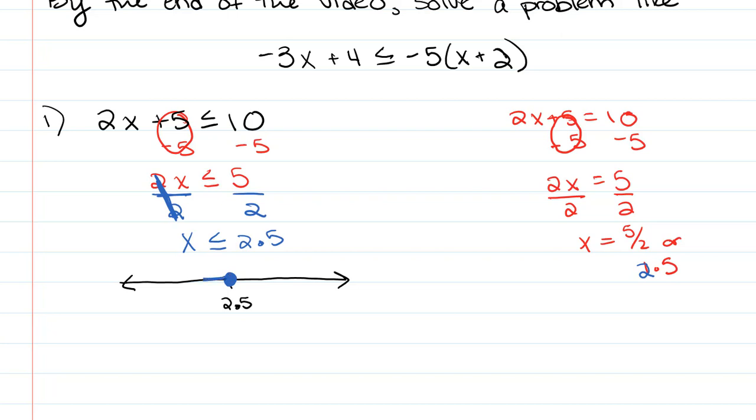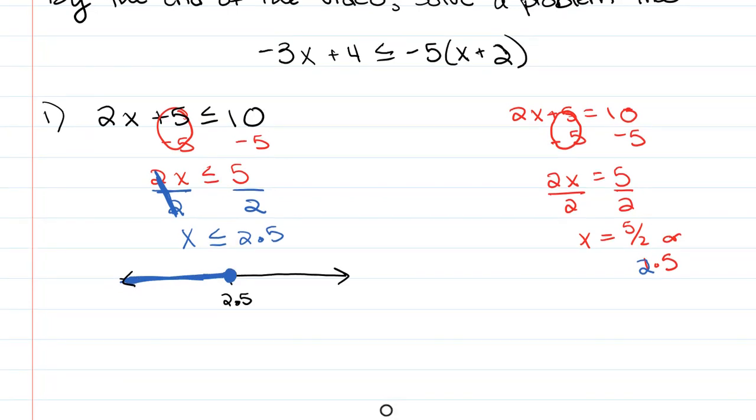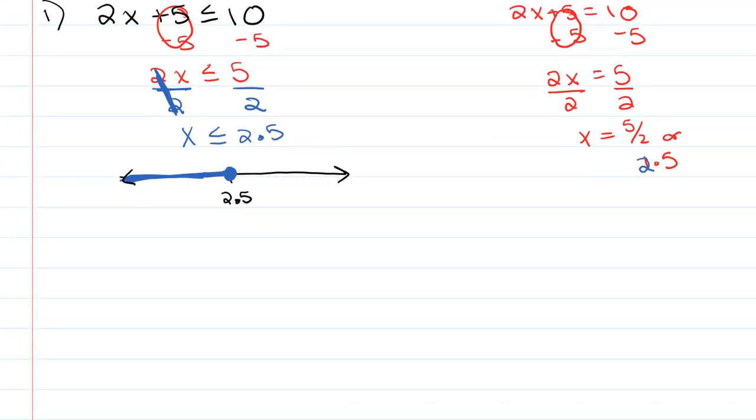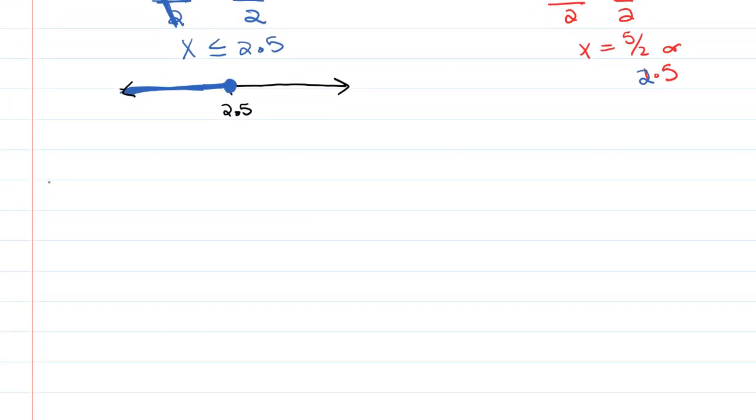It's also all of the numbers that are less than 2.5. Okay, so that's what I mean when I say it has infinitely many solutions, is that it could be any of those shaded numbers in blue there. Okay, let's take a look at example 2.